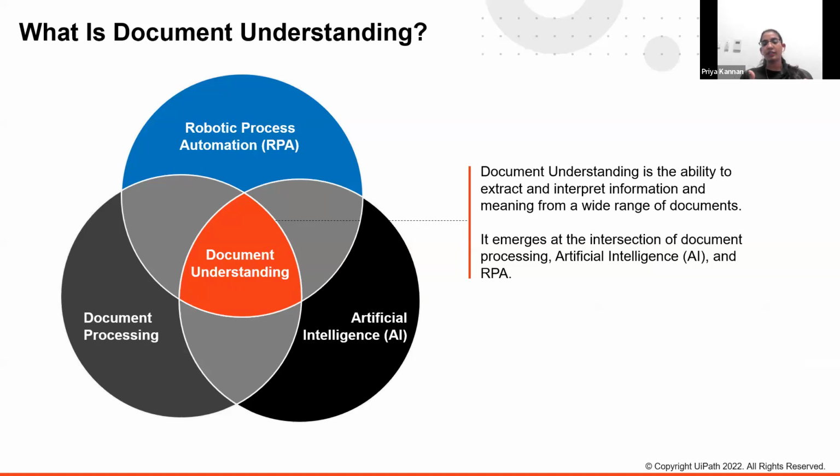Using the capability of AI and machine learning models, we can teach the robots the process we need, in this case for documents. So by using RPA and integrating it with AI, we have the joint set of document understanding.